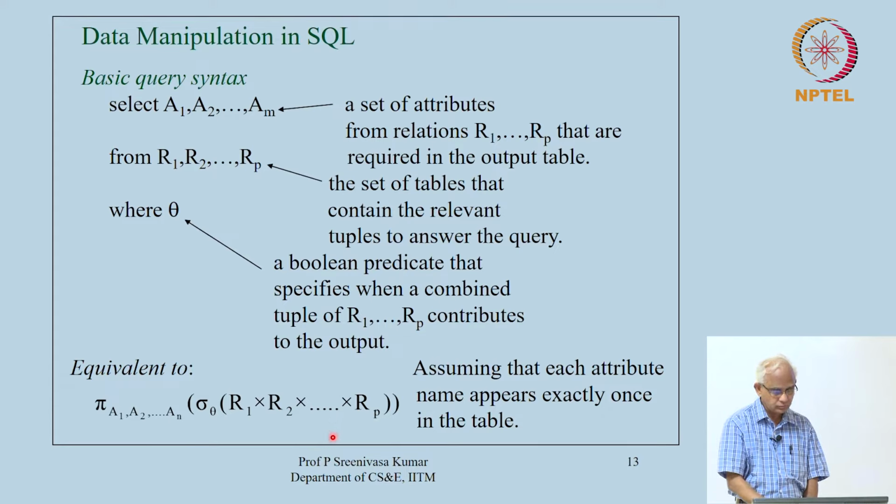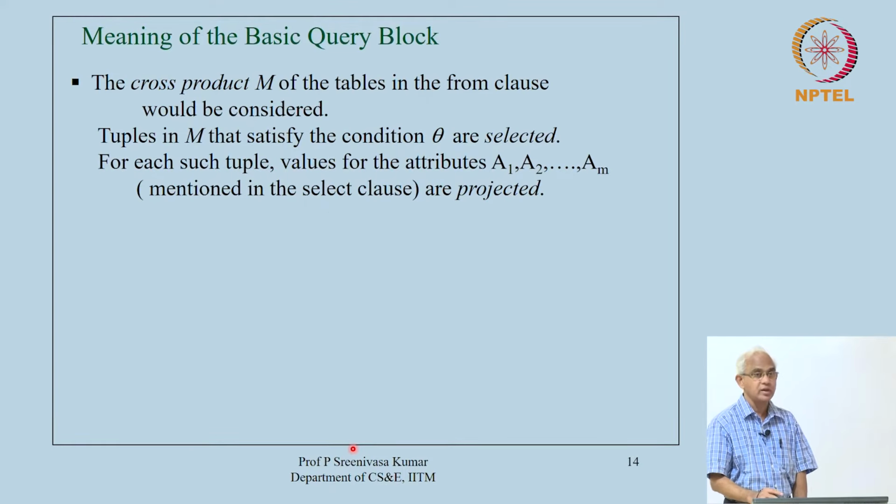But we will see it in elaboration now: what is the meaning of this basic query block. The cross product of the tables in the from clause would be considered.